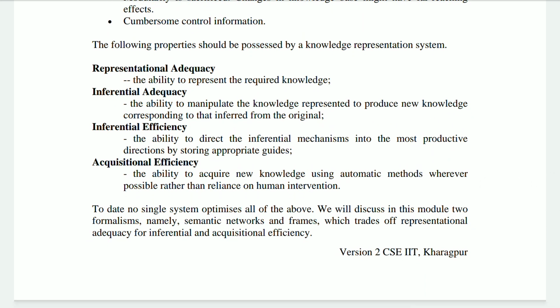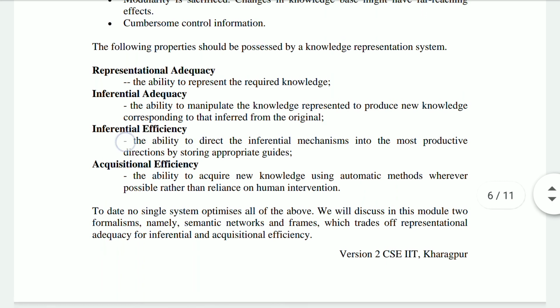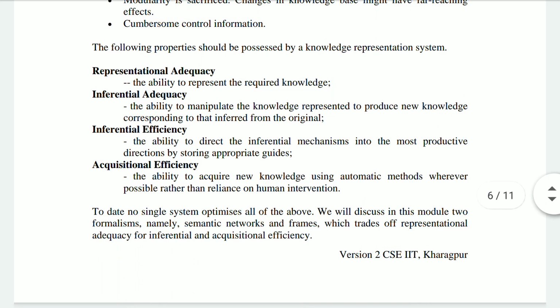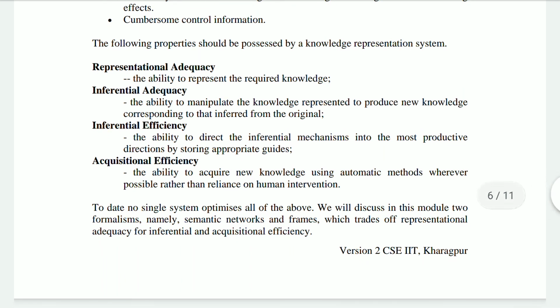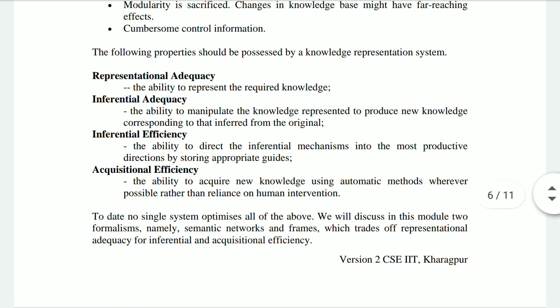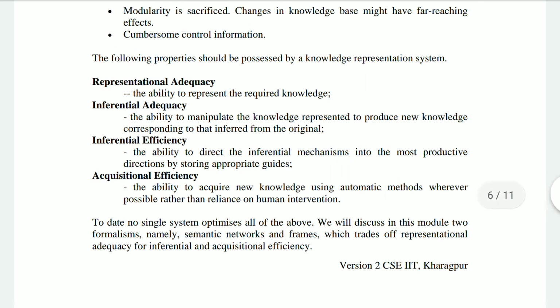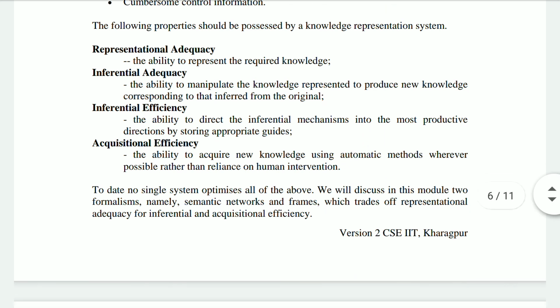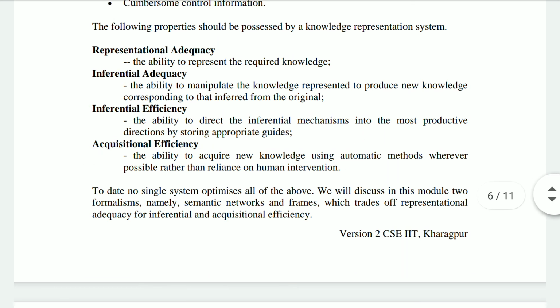And inferential efficiency is about the knowledge that we have produced, its direction of storing and appropriate guides. That means how we are going to use that knowledge that has been already produced. The fourth one is acquisitional efficiency.